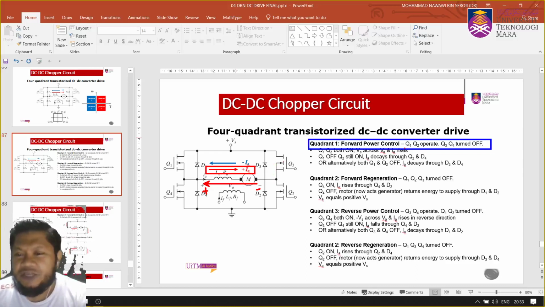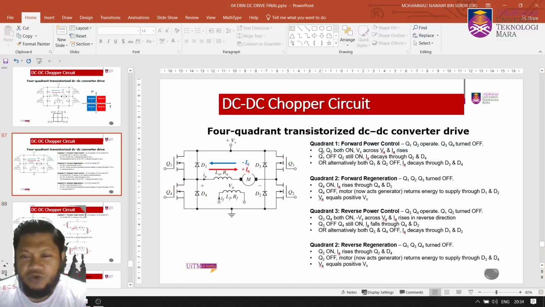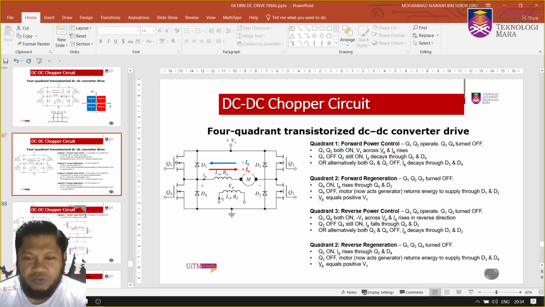So here you let Q1 and Q2 operate. Q3 and Q4 are completely turned off, but Q1 and Q2 you can control to operate. So remember, IA current flows in that direction. First let's analyze Q1 and Q2 both on. So you start with Q1 and Q2 both on.